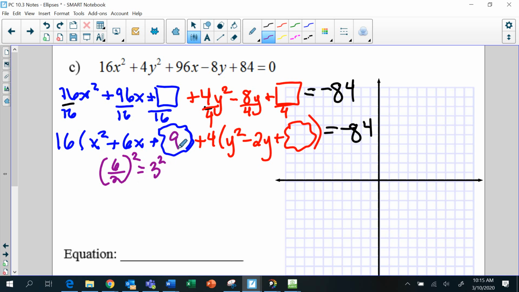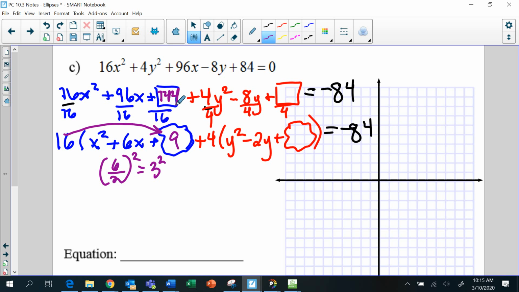But what goes in the square is that number times 16, because we have to distribute this 16 back in. So 9 times 16, which is 144, goes in the blue square.